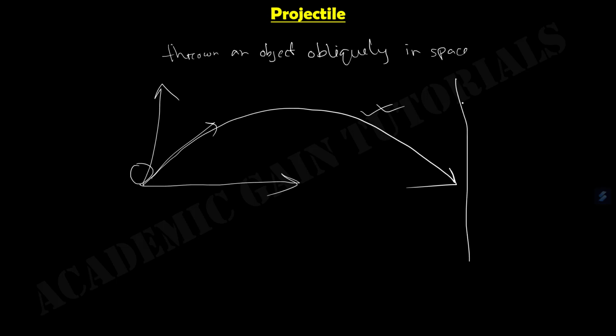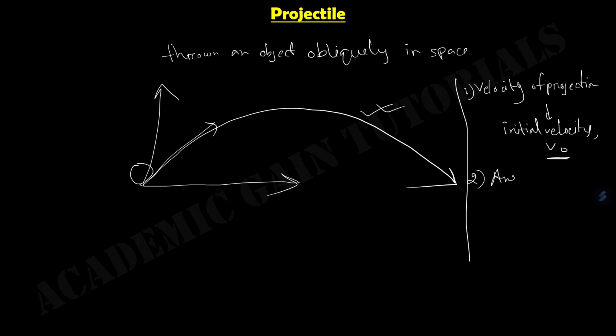These terms are velocity of projection, also known as initial velocity, which will be described as v naught. The second one is angle of projection.